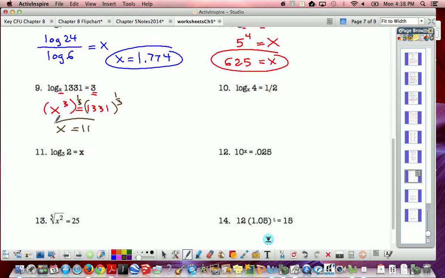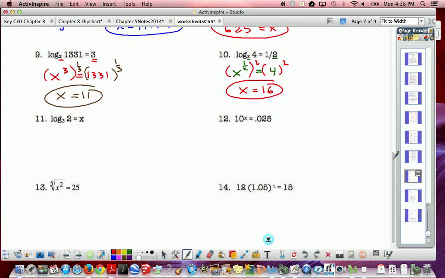X ends up equaling, if you take 1331 to the 1/3 power, you get 11. Alright, next one, same type of idea, x to the 1/2 power equals the number. To get rid of the 1/2, the reciprocal of 1/2 is 2, so I'm really squaring both sides. So x equals 16.